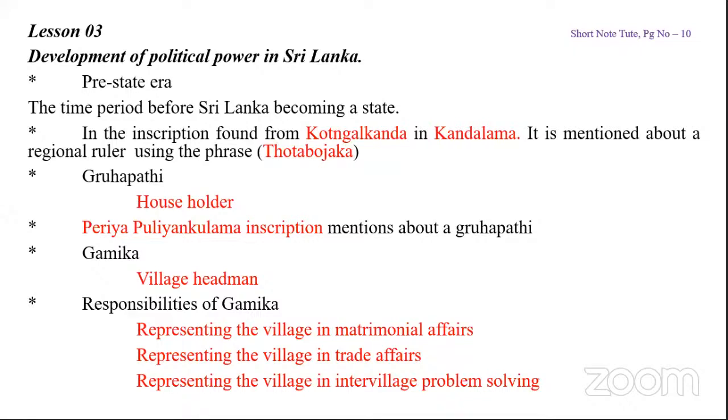So they did matrimonial relations with another village, and the one who represented the village in those relationships was the Gamika. He also represented the village in trade affairs, taking the leadership. So he was the Gamika or the village headman. And he represented the village in inter-village problem solving. There were problems among villages, and in solving those problems, one person represented the village. He was the Gamika, the head of the village.